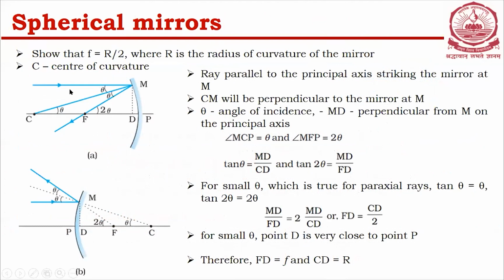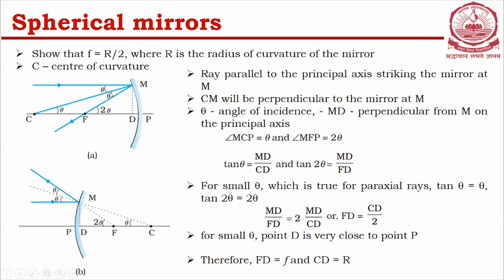C is the center of curvature, and the line joining C and M is exactly perpendicular at this point M on the mirror. This theta is the angle of incidence of this incident ray, and it obeys again the law of reflection. The reflected angle is also theta.